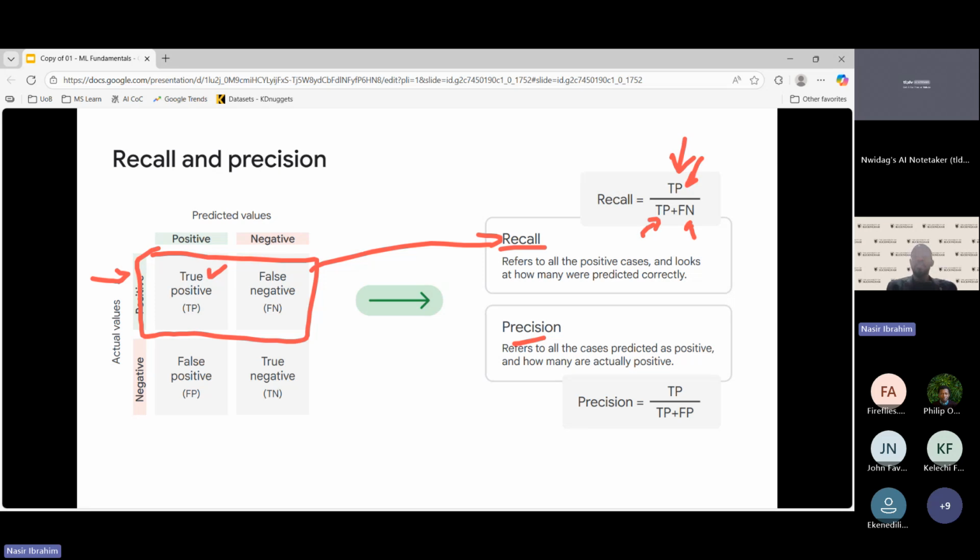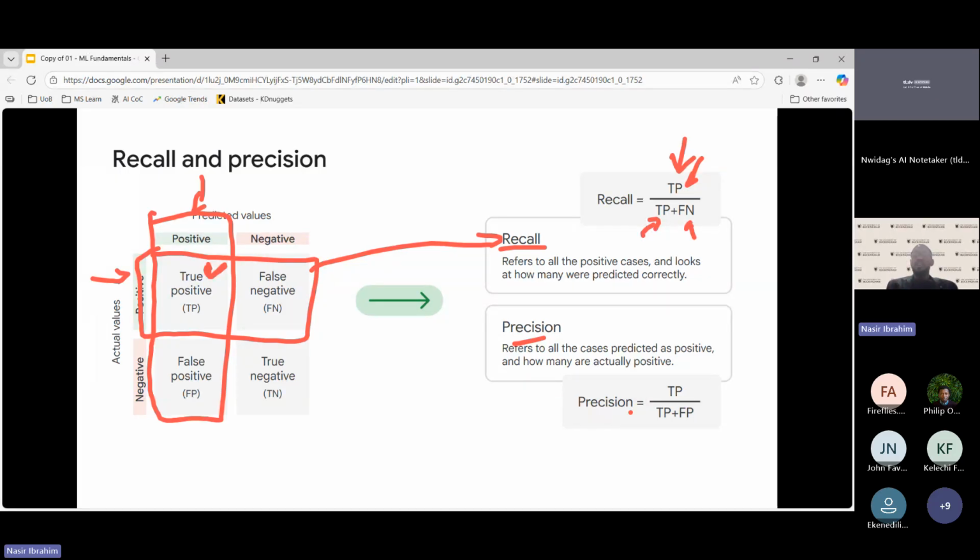And then precision tells you, out of all of the cases that were predicted as positive by the model, how many were actually positive? So out of all of the predictions of the model, how many were predicted correctly? That gives you the precision. So recall tells you out of all of the positive cases, how many did the model get correct, while precision tells you out of all of the positive predictions that the model made, how many did the model get correct?